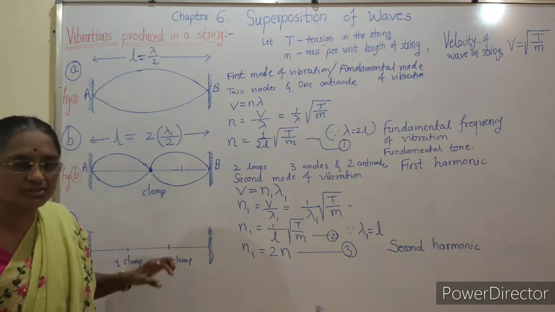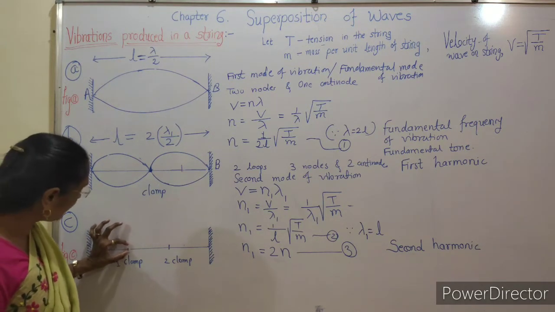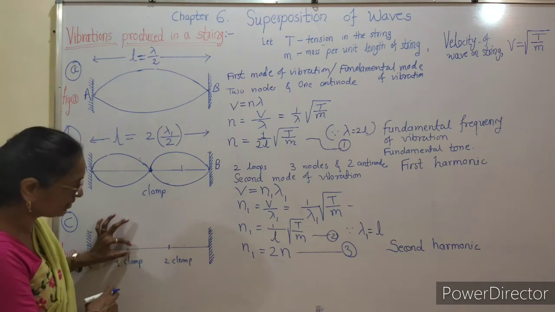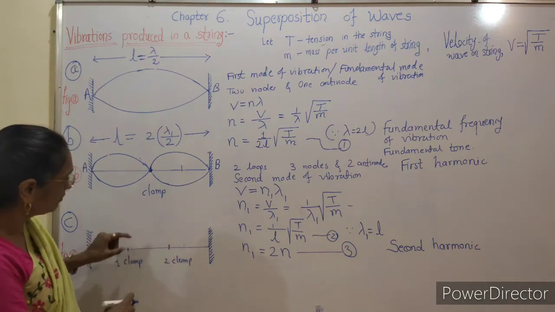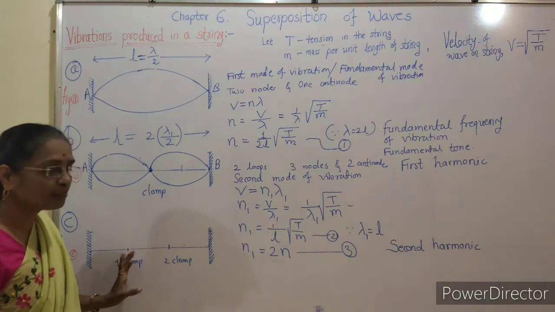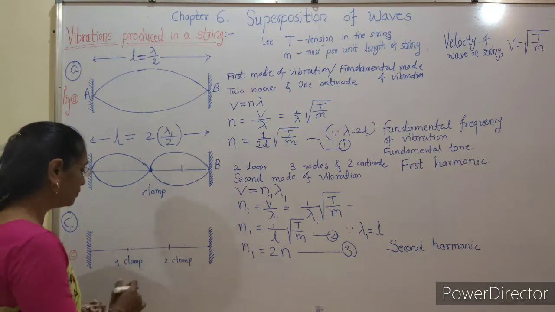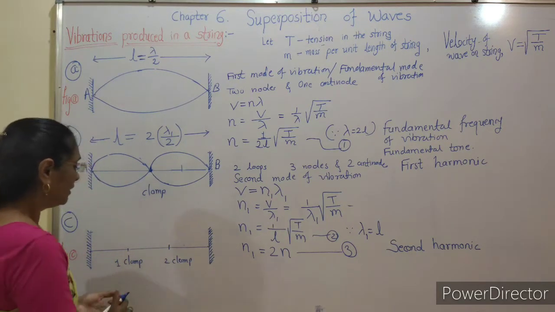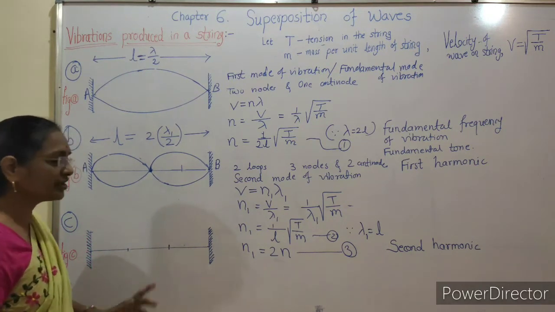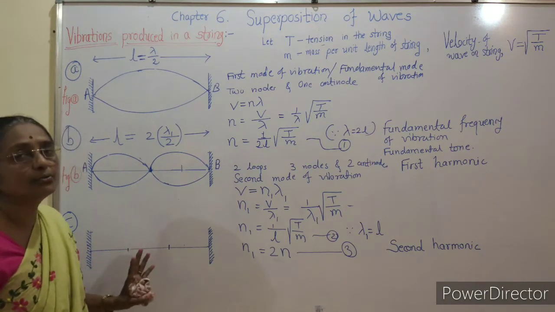A clamp is a simple object which can be mounted on the wire, or it can hold the wire, and if vibrations are given to the string, that clamp point does not vibrate. So this is the use of the clamp here. You just remember that the points are made in such a way that they cannot vibrate.